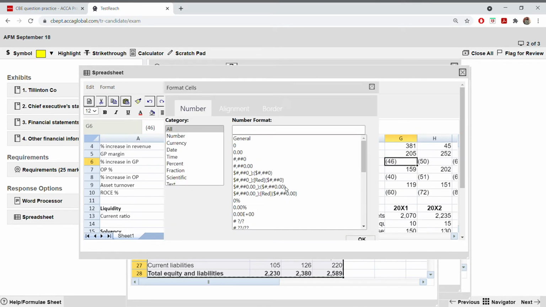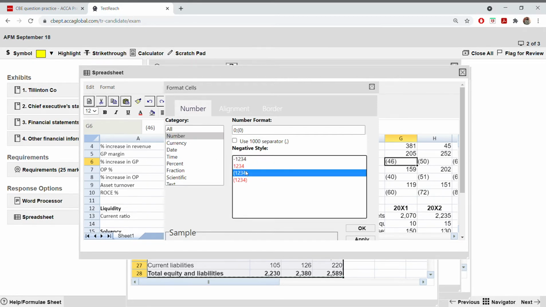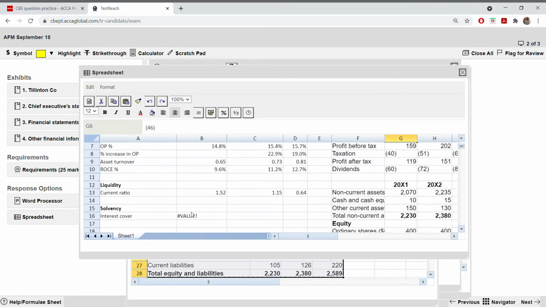Format cells, take it in bracket. So now enter. So, format the cell.